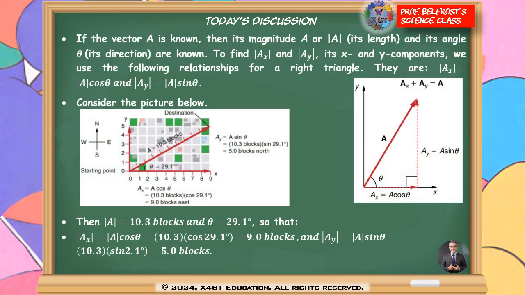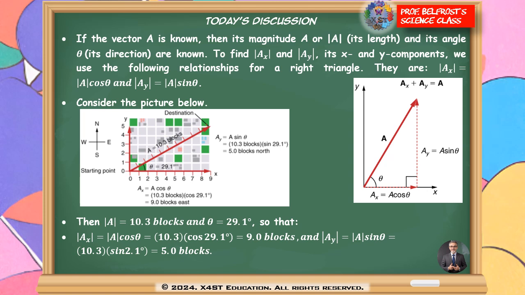If the factor is known, then its magnitude A and its angle theta are known. To find Ax and Ay, we simply use the formulas on the slide: Ax is A cos theta and Ay is A sin theta. So let's work through an example. Consider the picture below.